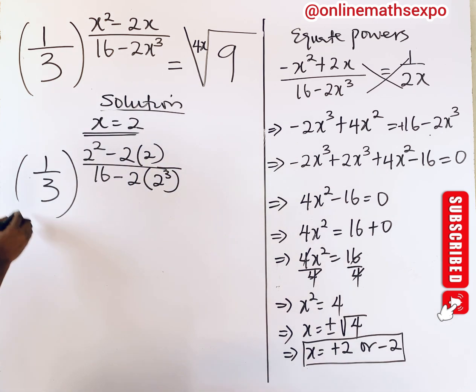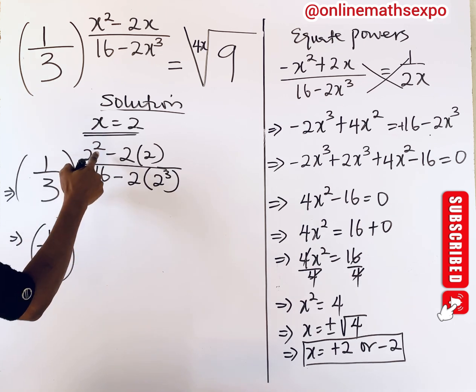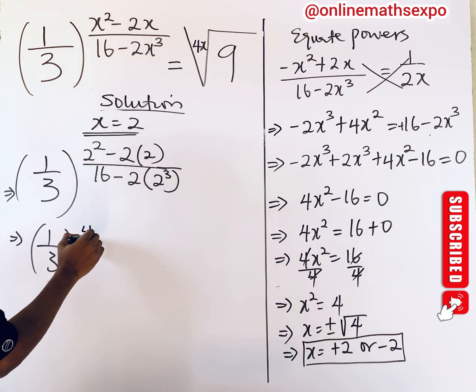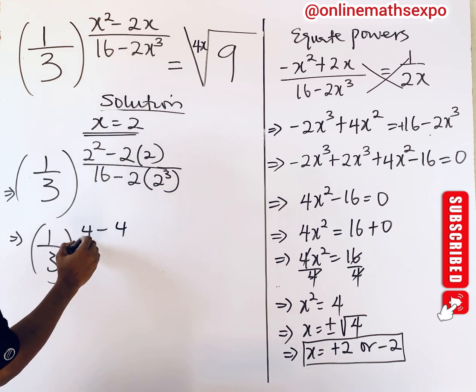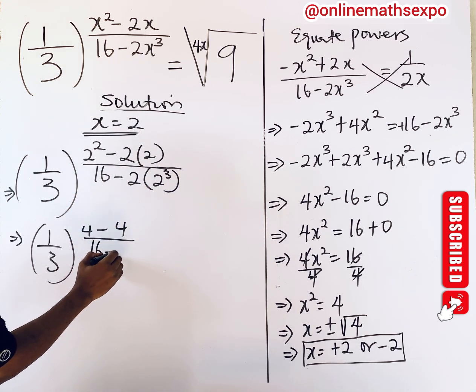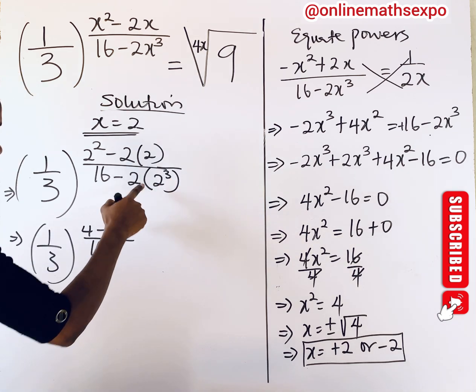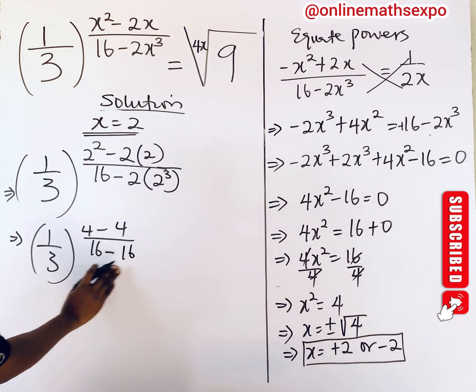Did you see that? So this is going to give us 1 over 3 raised to the power of 2 squared, which is 4, and minus 2 times 2 is 4, okay? Then we have 16 minus 2 times 2 cubed, which is 8 times 2, will give us 16.